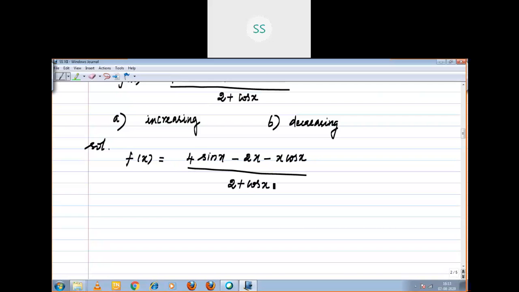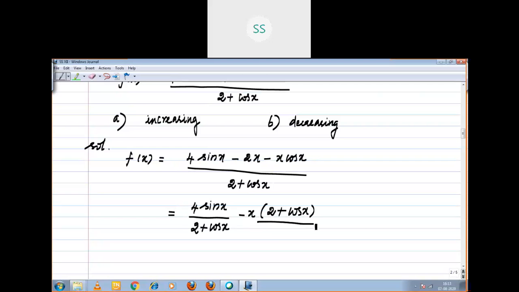Right. Now I am going to separate the function. How am I going to separate? You have to listen. First part 4 sin x divided by 2 plus cos x. Here you have to see in both the terms which is common, minus x is common. So you have to take it outside, 2 plus cos x, right?